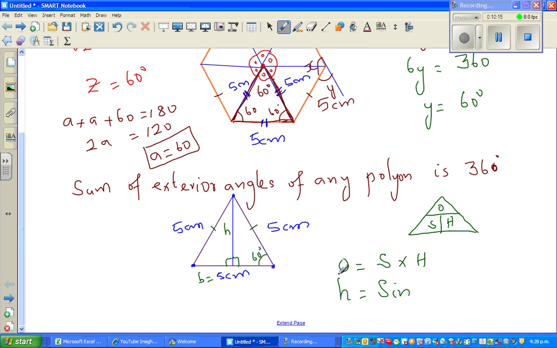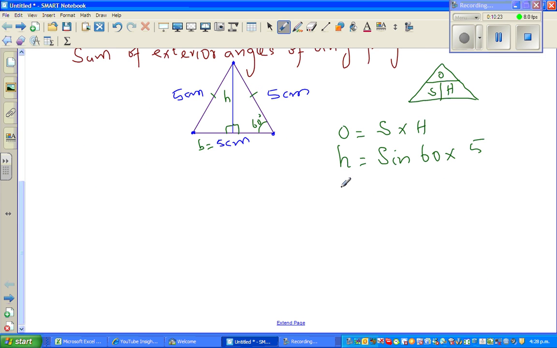So h is sine 60 times the hypotenuse, which is 5. Sine 60, without the calculator, you can watch my other videos where I have explained why sine 60 is root 3 over 2. So h is 5 root 3 over 2.